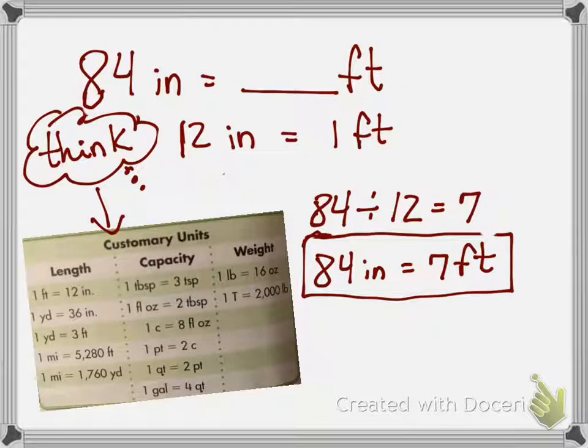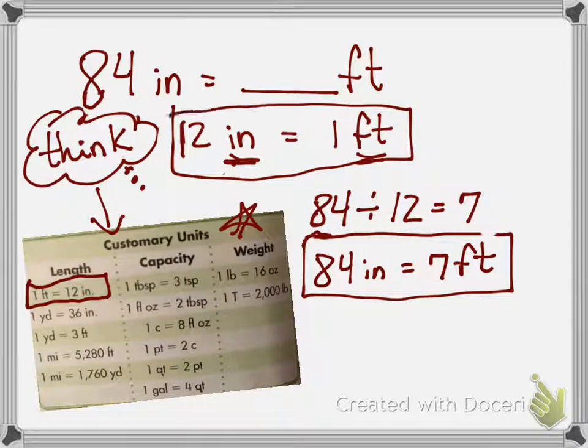Well, we need to go refer back to our chart and locate where we have inches and feet, and it's right here. 1 foot is equal to 12 inches. So this is what we need to remember to help us with our conversion. We also know that we're going from a smaller unit to a bigger unit.